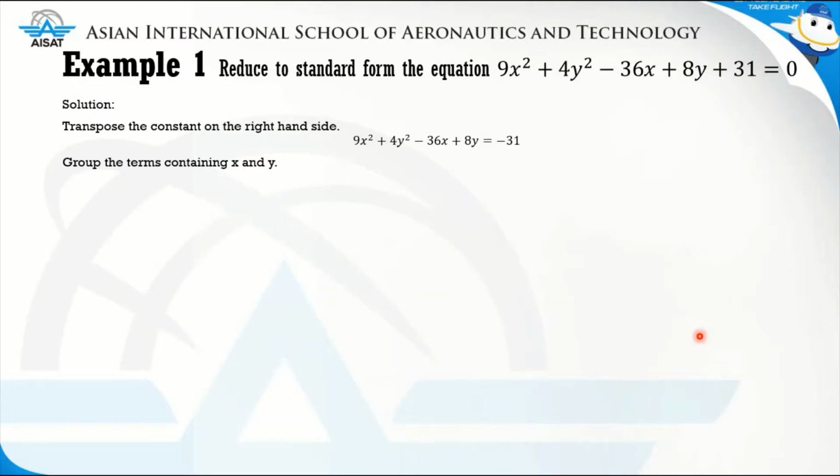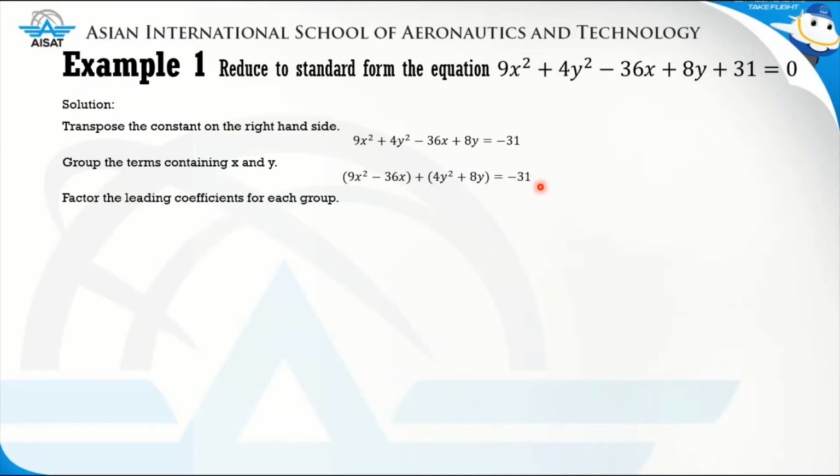So we have 9x squared and negative 36x. And for the second group, we'll have 4y squared and positive 8y. So we'll write the equation as the quantity 9x squared minus 36x plus the quantity 4y squared plus 8y is equal to negative 31.